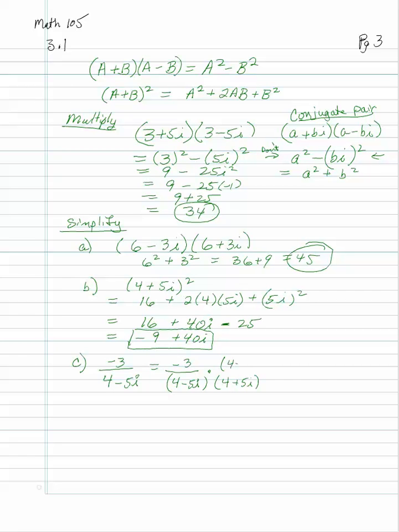Multiply that on top. So the top, you just distribute that negative 3, you get negative 12 minus 15i. On bottom, we use the shortcut, so it's 4 squared, which is 16, minus 25i squared, which becomes plus 25. So 16 plus 25 is 41.